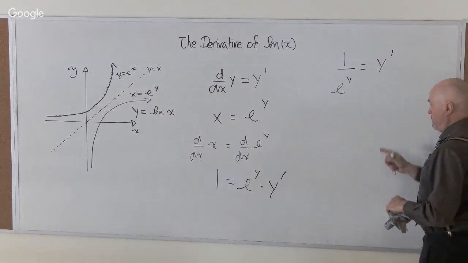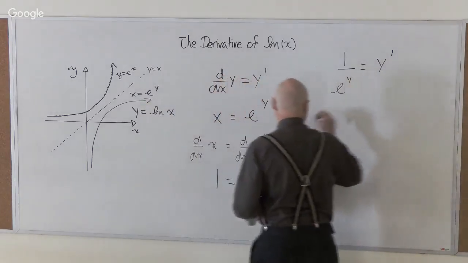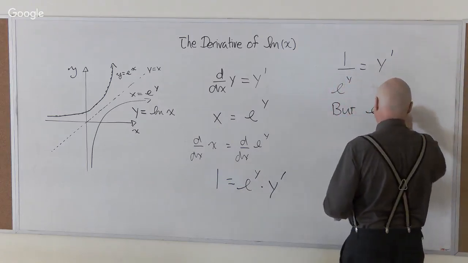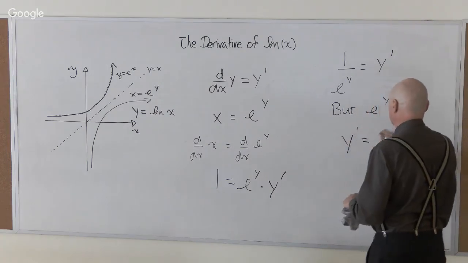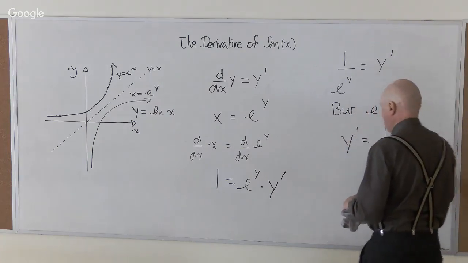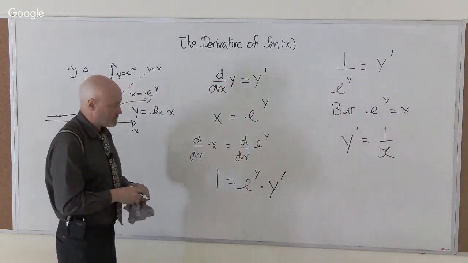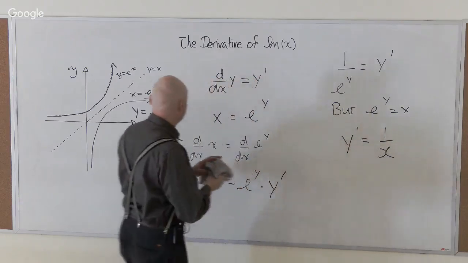But wait a minute, e to the exponent y is just x. So y primed is really just 1 over x. How could that be easier? Well, I can think of some ways that might be easier, but y primed is just 1 over x.